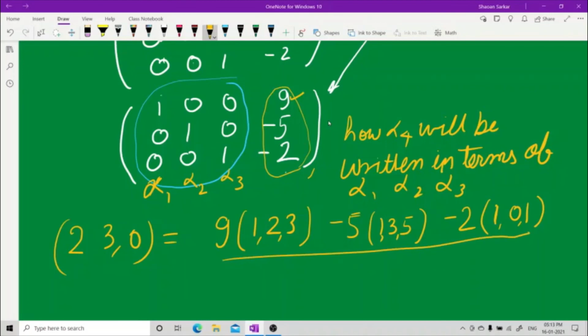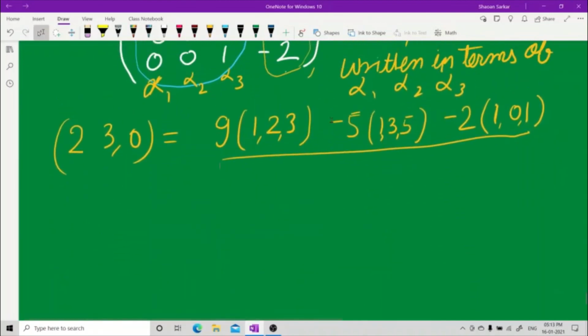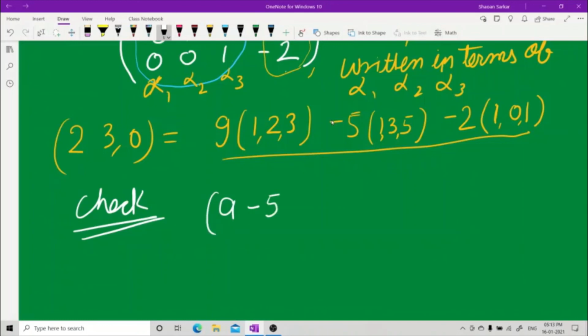I will show you how. I'll check it for you. This you can do in your rough work. See, 9 into 1, the coordinate-wise multiplication and addition. Minus 5, minus 2.